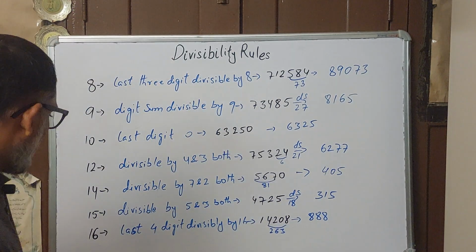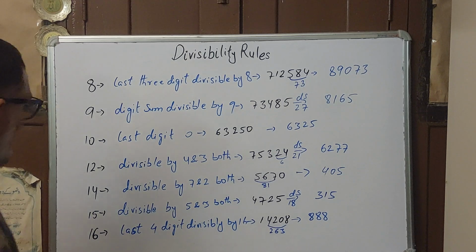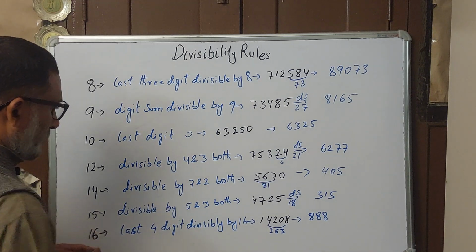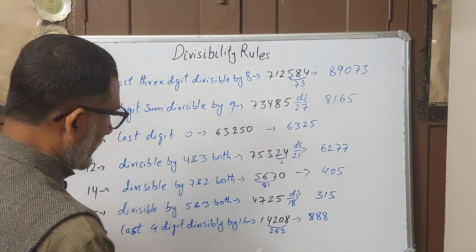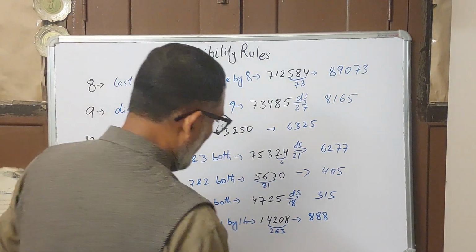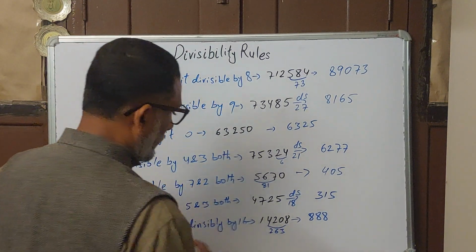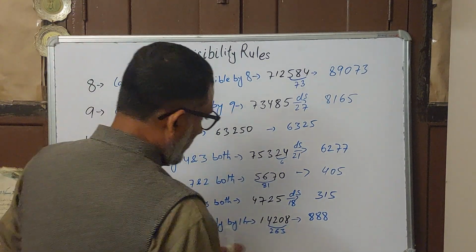For 16, the last 4 digits must be divisible by 16. And for a shorter way, 16 is 4 into 4. So that means, like 8, the last 2 digits must also be divisible by 4. So if it is not divisible by 4, that means it is not going to be divisible by 16.